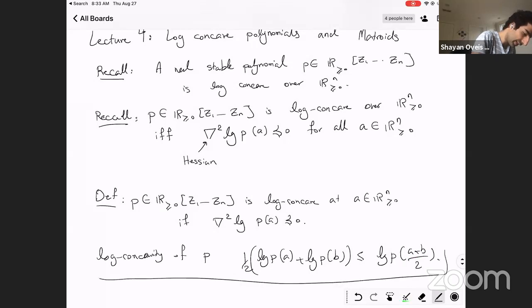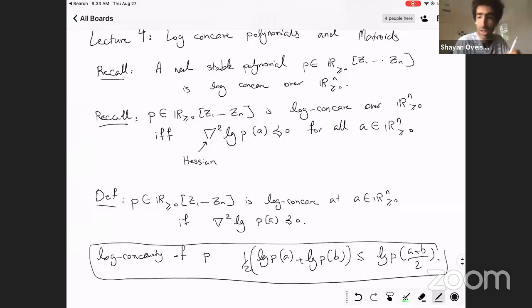It's another definition of log concavity, meaning that the log of the function is concave.